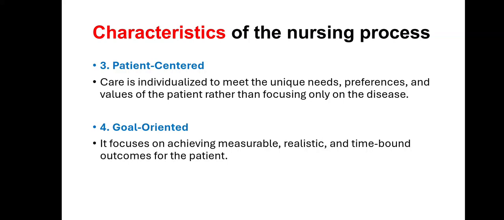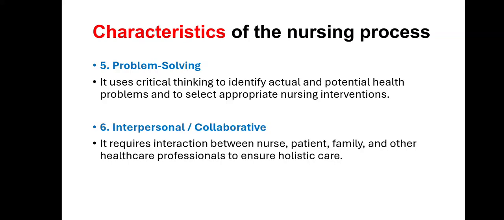That is time bound, realistic, it's measurable. We should be able to know that it's goal oriented. It's not a strategic plan, something that is going to solve for the future. It needs to be time bound. Whatever intervention that we are going to do, they need to be time bound.